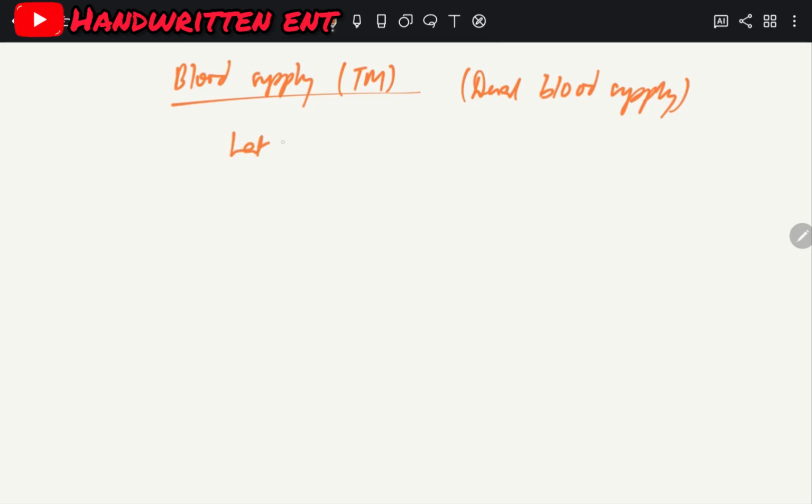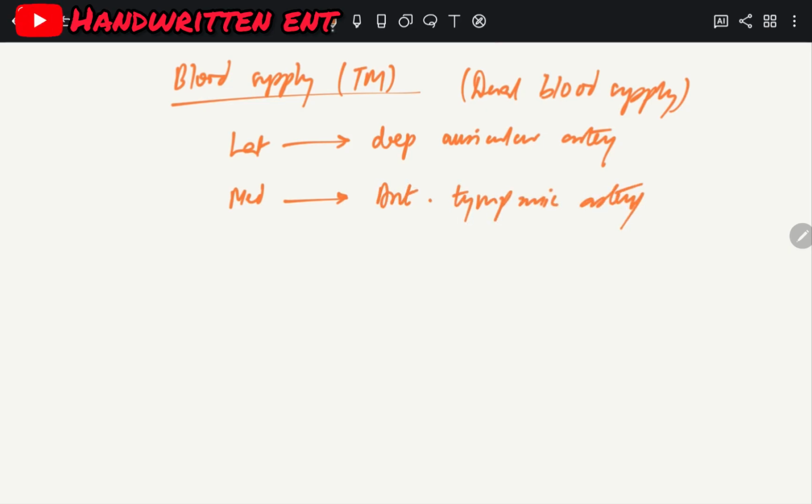Next up is the blood supply of tympanic membrane. The tympanic membrane receives dual blood supply. The lateral aspect of tympanic membrane is supplied by deep auricular artery, while the medial aspect of tympanic membrane is supplied by anterior tympanic artery and posterior tympanic artery.